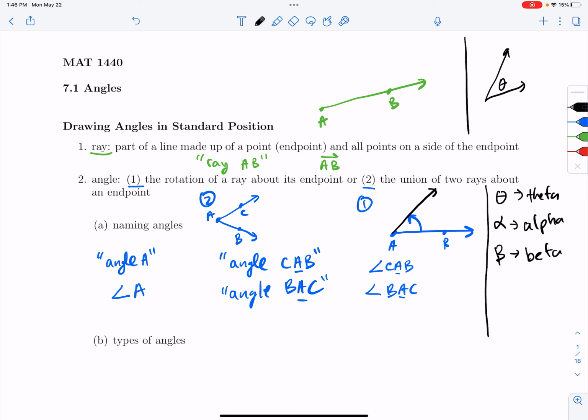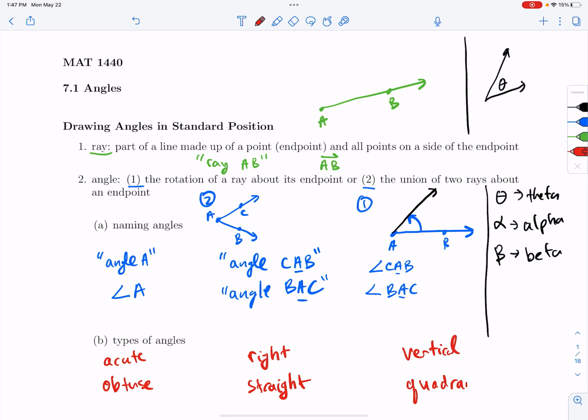Moving on, we want to talk about some different types of angles. So we have acute angles, obtuse, right angles, straight angles, vertical, and quadrantal angles. So we'll talk about what each of these are.